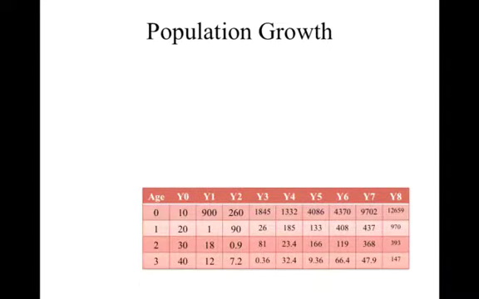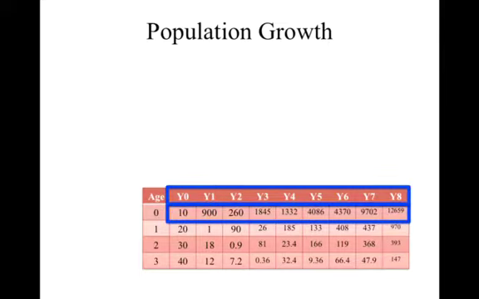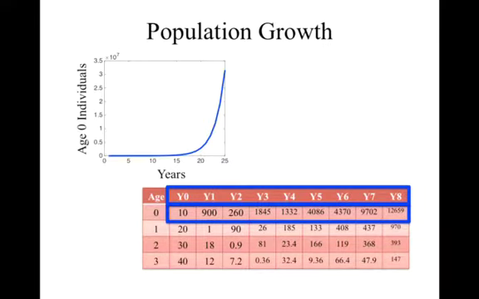All right, just because the population has reached a stable age distribution does not mean that the population isn't changing. We can still have what's known as population growth. So here, if you take a look at the number of age 0 individuals through time, you'll notice that it's changing quite rapidly.